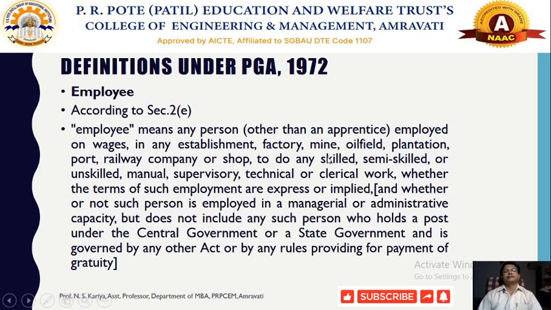Now, the definitions under this Payment of Gratuity Act 1972. When we are talking about the different kinds of employees who are entitled to get the benefit under the Payment of Gratuity Act 1972, according to Section 2(e), employee means any person other than an apprentice, meaning apprentices are not covered in this act.